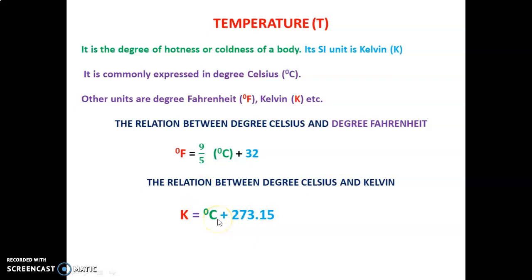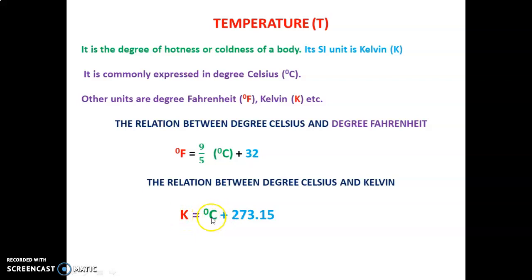If a body has 27 degrees Celsius, how much is it in Kelvin? Here you write 27 plus 273.15, you will get 300. The 0.15 we usually omit. That is 300 Kelvin. That is, we can convert Celsius into Kelvin.